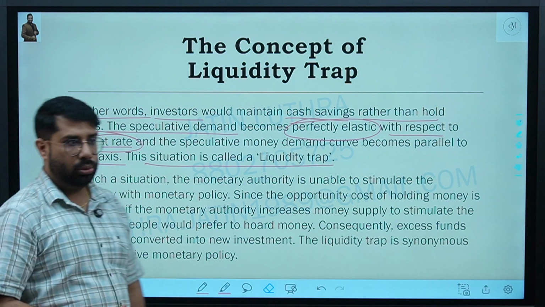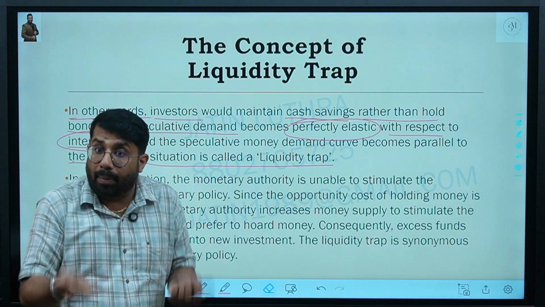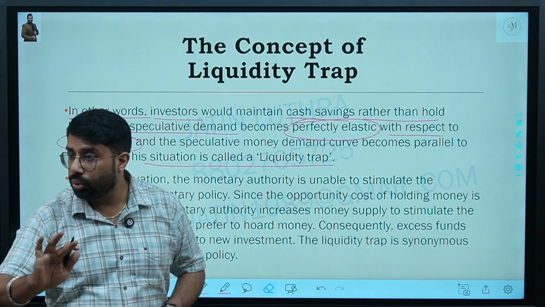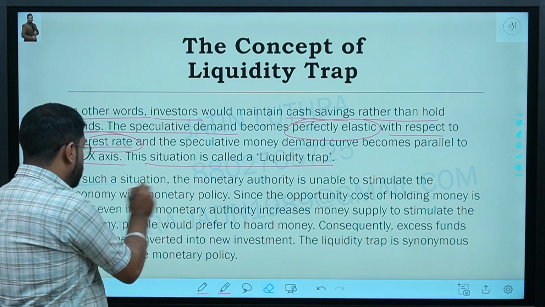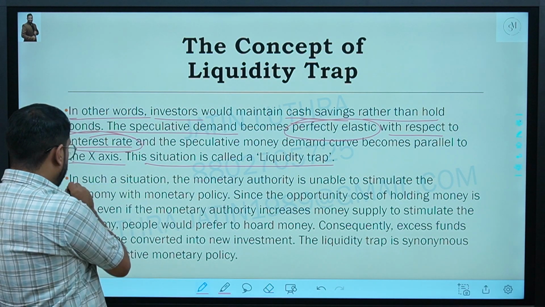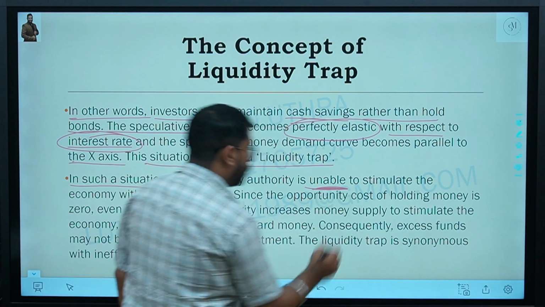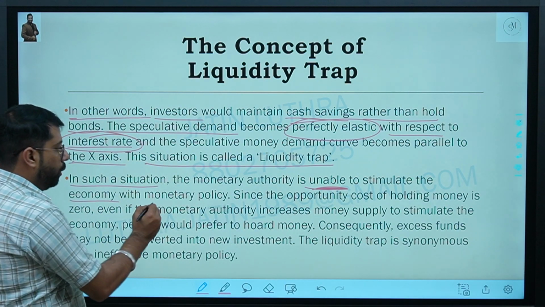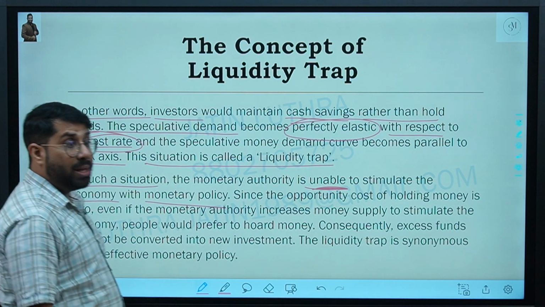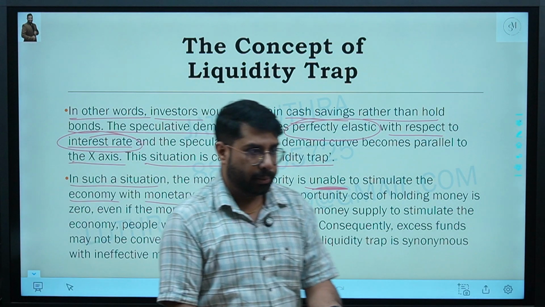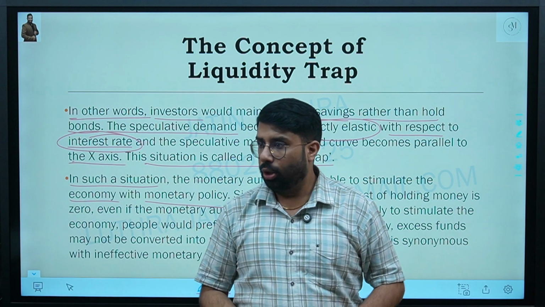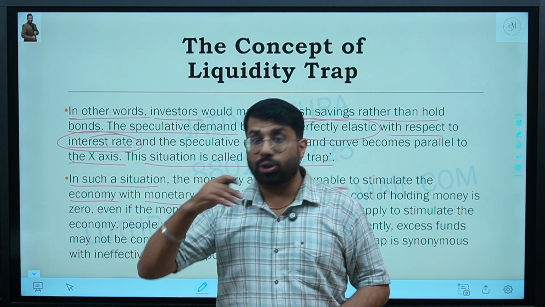What to do? If a liquidity trap happens, then what to do? In such a situation, the monetary authority is unable to stimulate the economy with monetary policy. It means our policies are not working, our plans are not working. Whatever attempts we are making, they are not generating returns.